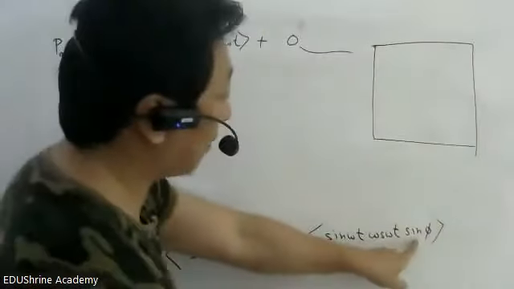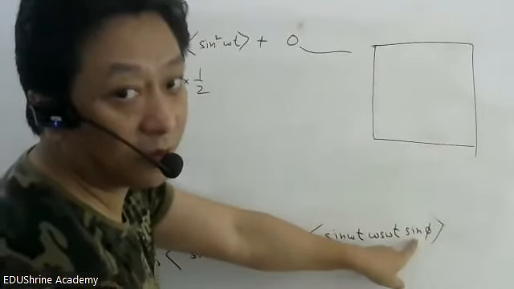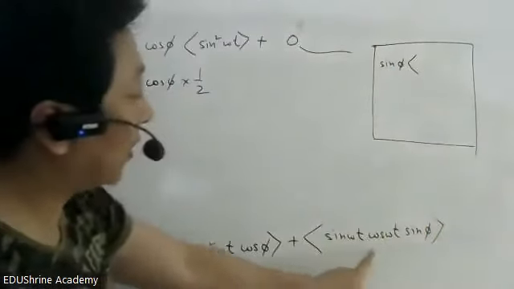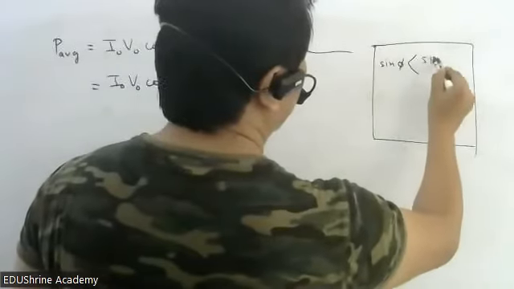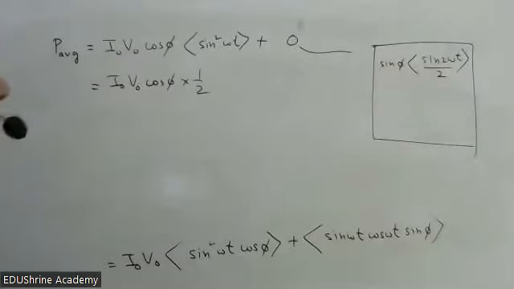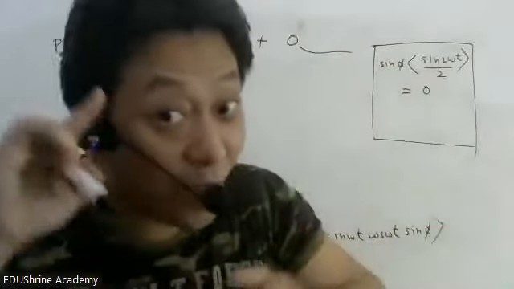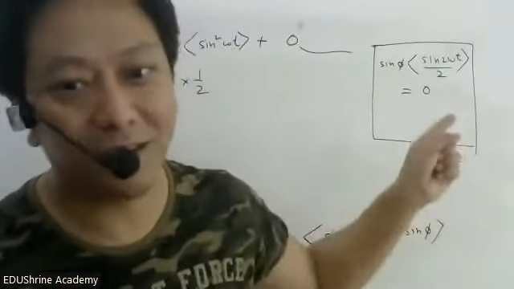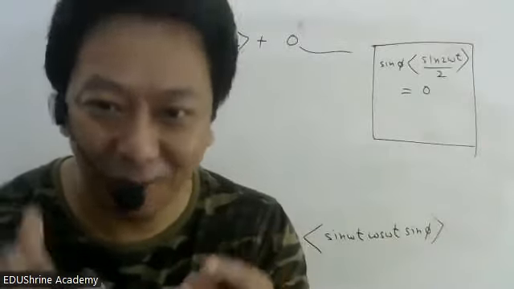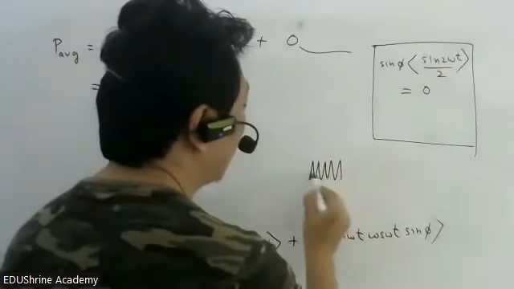If you see here, sine phi does not depend on time, so you can remove sine phi outside. Average of sine omega t cos omega t can be written as sine 2 omega t by 2. And the average of a sine function, you know, is 0. This is not sine square, this is sine 2 omega t. You don't care whether it is 2 omega t, 10 omega t, or 100 omega t; the only thing is the frequency will be more.